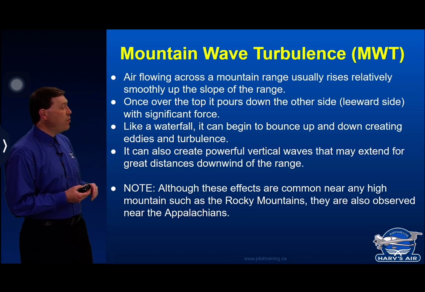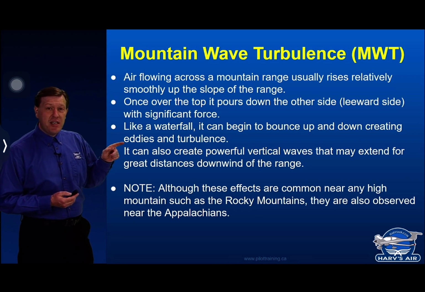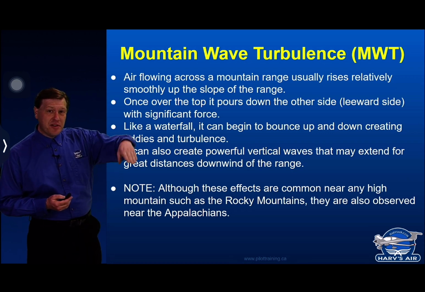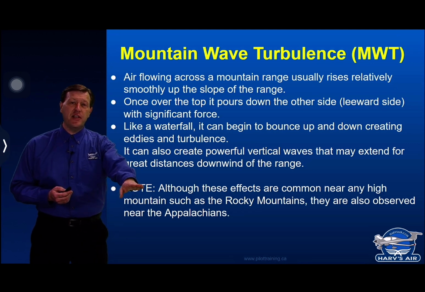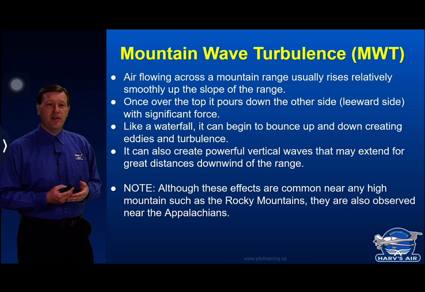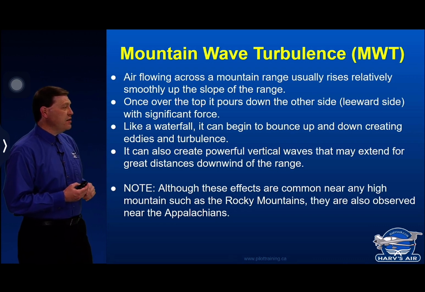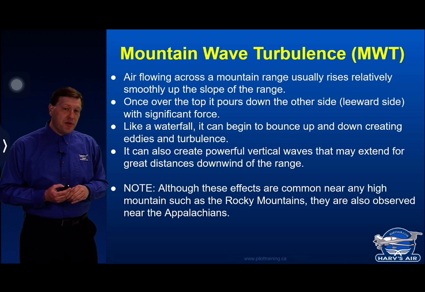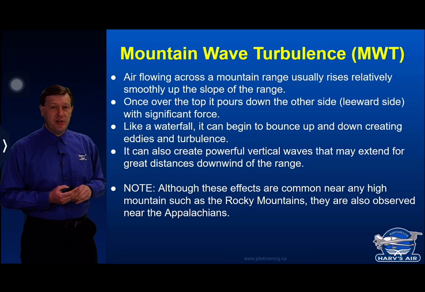Once over the top, it pours down on the other side like a waterfall with significant force. It can bounce up and down after it has that first downdraft, and then that's where things get really chaotic. Powerful waves can extend hundreds of miles downwind from the range.